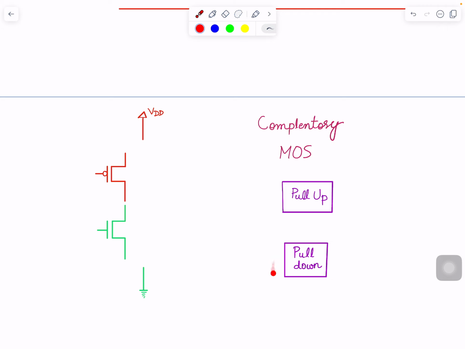In pull down, as we have seen in the case of the inverter, NMOS is used, which provides a path to ground, and then we have pull up, where we use PMOS. It provides a path to VDD. So in a simple inverter case, we put one PMOS connected to VDD. We connected this point together, and then the other side of the NMOS we connected to ground.